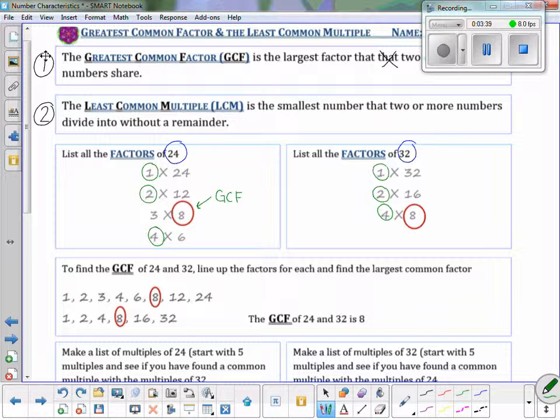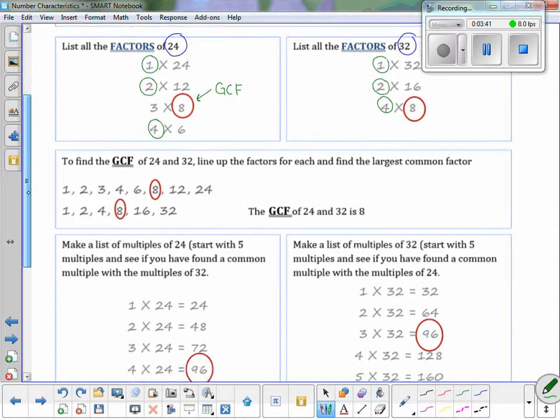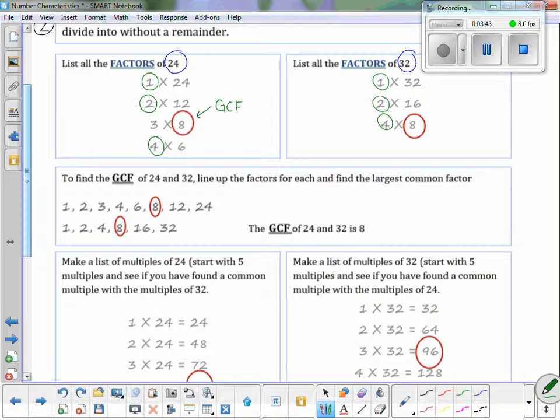So looking down here, we also can put our numbers in a list. Now, I only want you to do a list after you find your factor pairs. I notice that a lot of times when students do their lists, they tend to miss things. Yeah, Izzy? Oh, it's 32. Thank you for correcting me. All right.